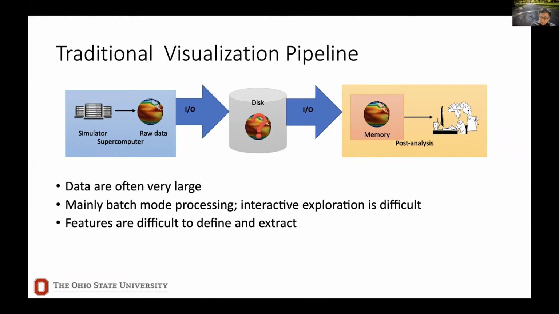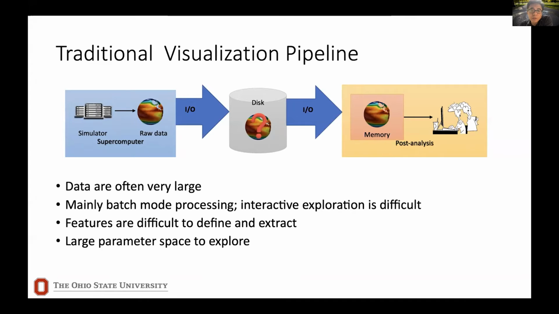The whole thing is about feature extraction, right? You want to identify a feature, but you don't know where it is. There are also so many parameters you need to explore. For example, with isosurface, you need to try different isovalues. With flow visualization, when you want to extract streamlines, you need to identify the seeds, place them, and trace the streamlines. There are so many parameters you need to specify, and you need to identify the salient location, value, time, and so on, so that you are able to get information.